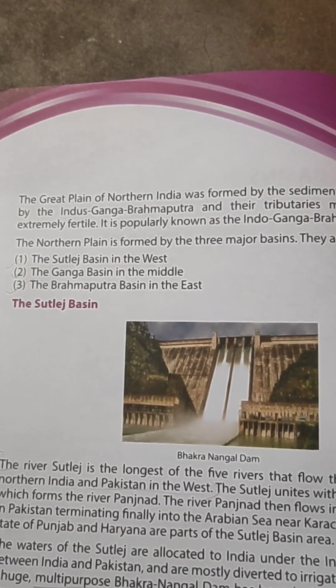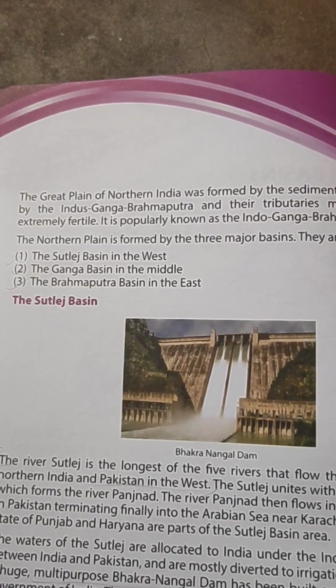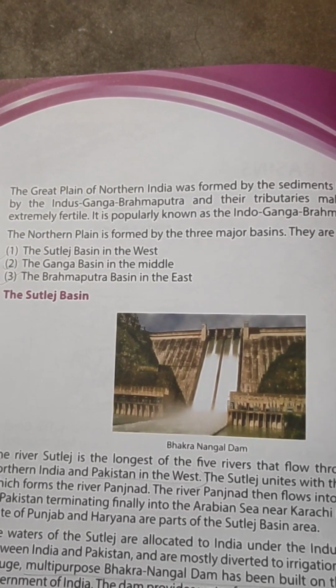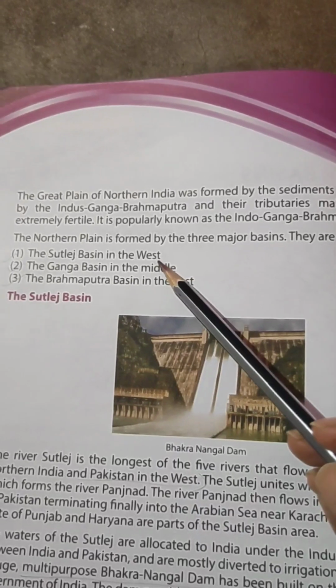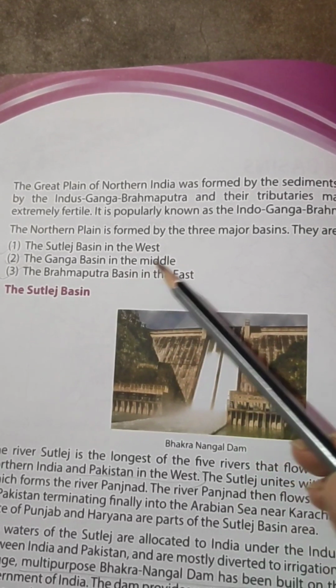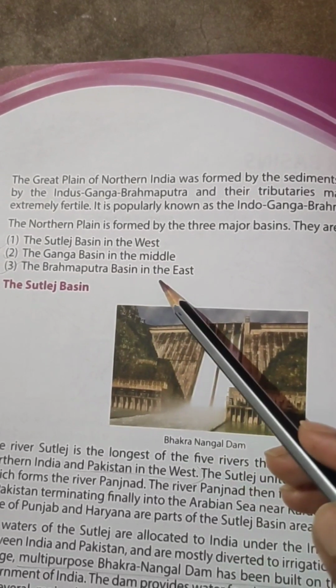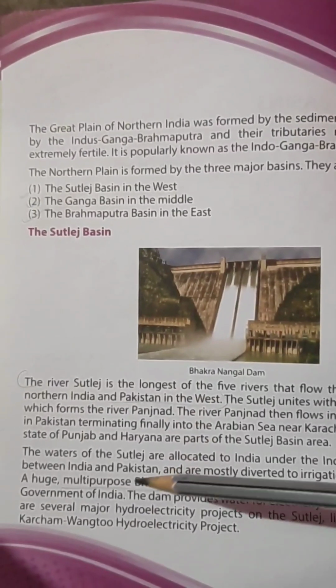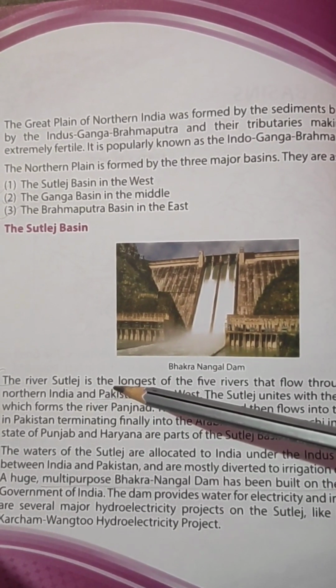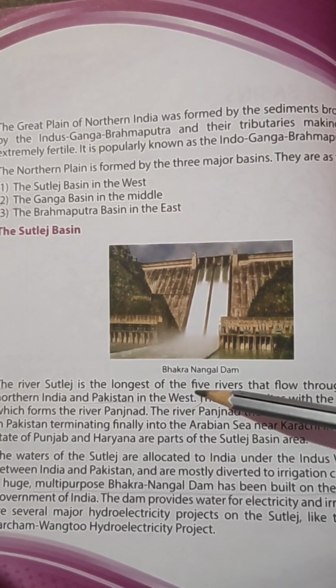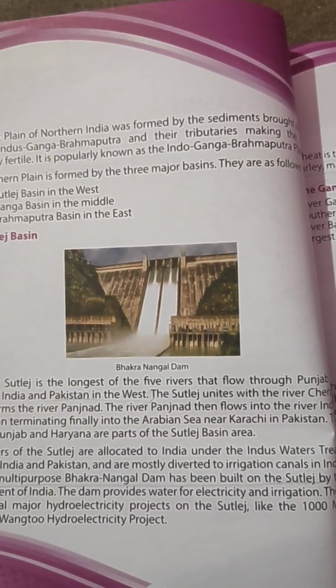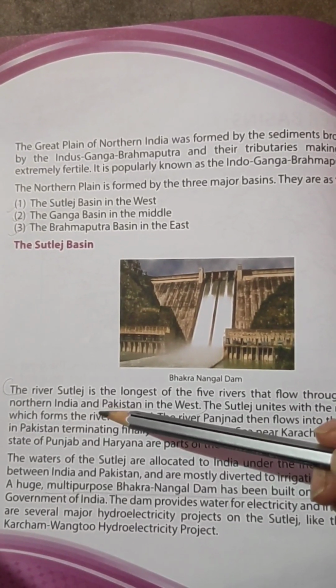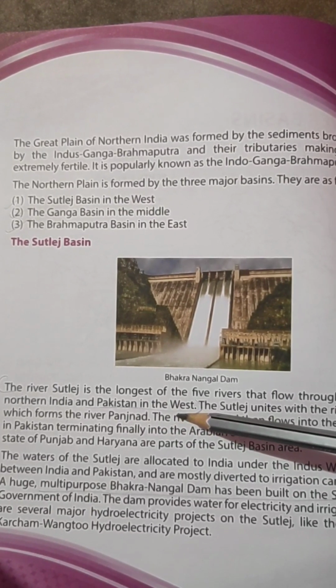Now we can see 3 main plain river basins are there. First one is the Sutlej basin in the west, the Ganga basin in the middle, and the Brahmaputra basin in the east. See, the river Sutlej is the longest of the 5 rivers that flow through Punjab, northern India and Pakistan in the west.